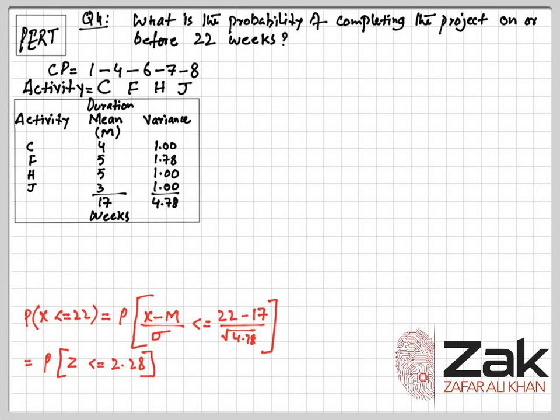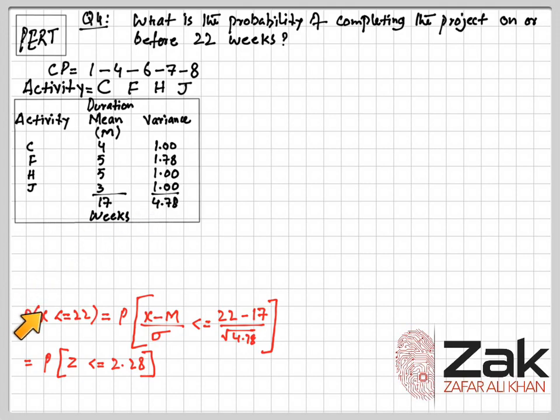Let me revise. To find the probability of this project completing before 22 weeks, we take the critical path and all its activities, add their mean durations, which is M here, and add their variances.